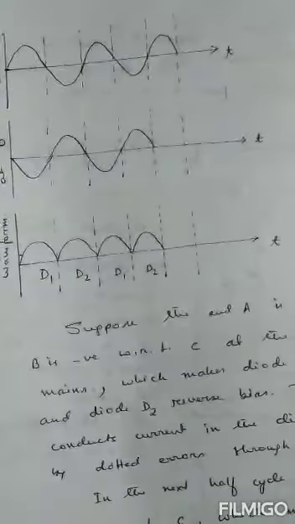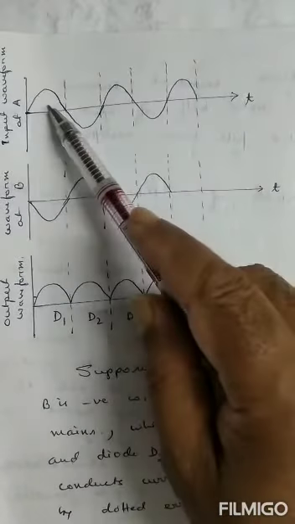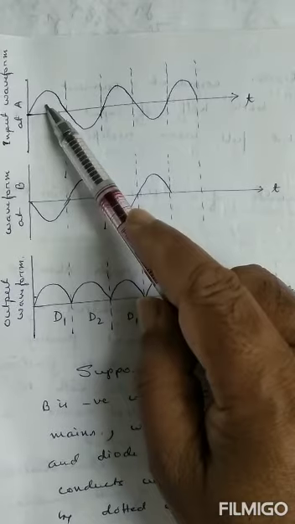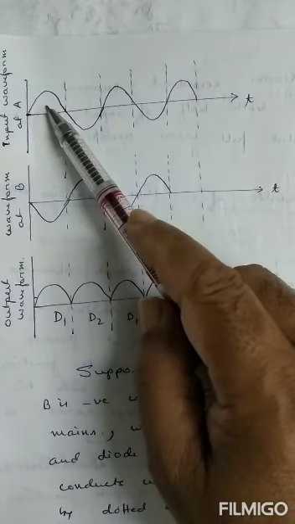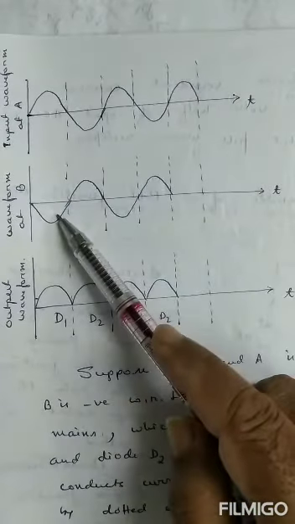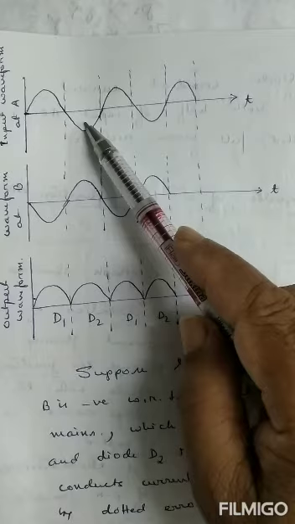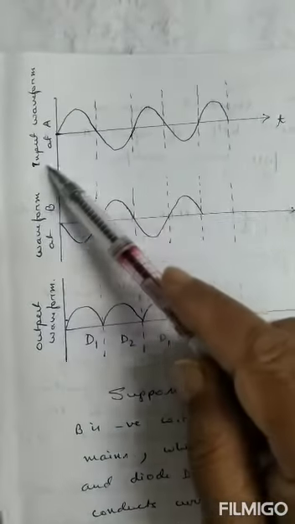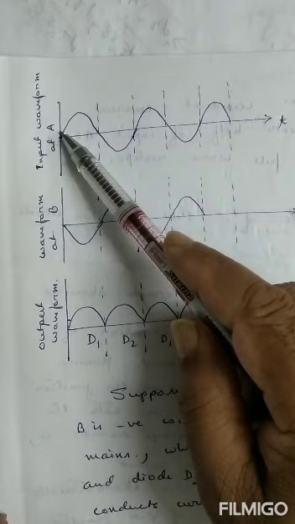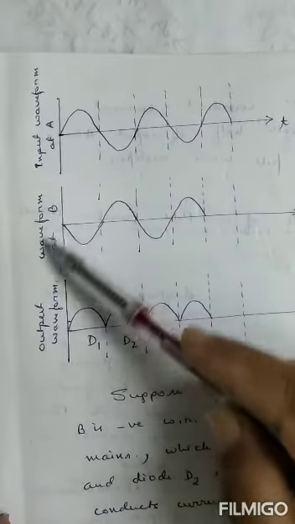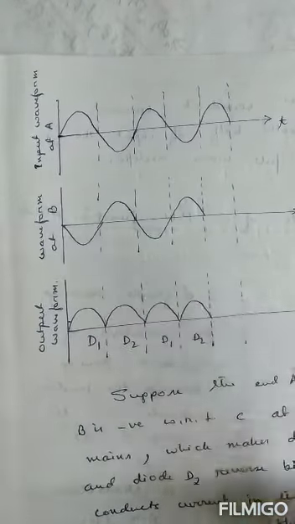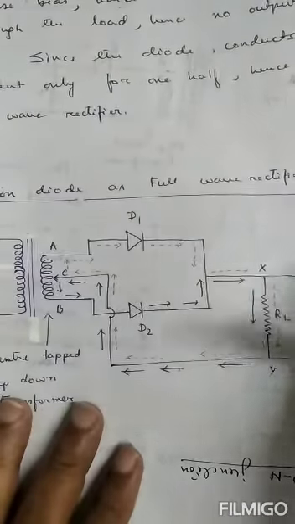Therefore, the waveform structure would be like this. When end A of the secondary of the transformer is positive, end B is negative. When end A is negative, end B is positive. So this is the input waveform at end A. This is the input waveform at end B of the secondary of the step down transformer.